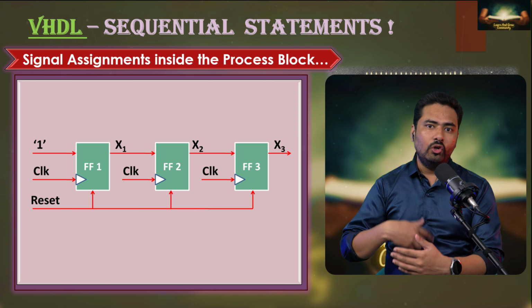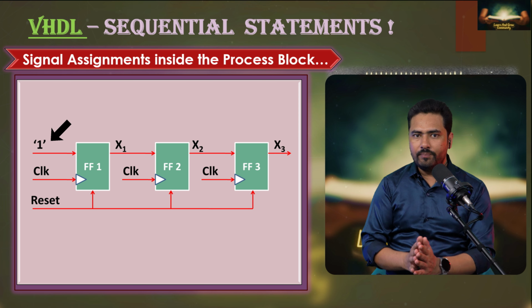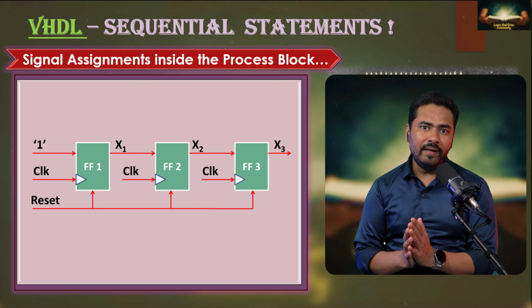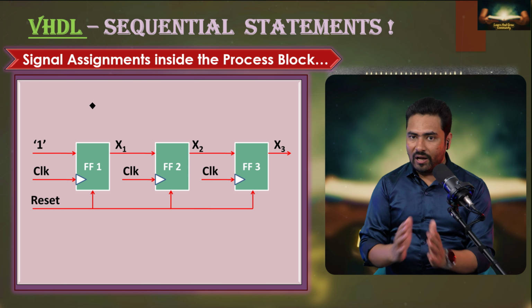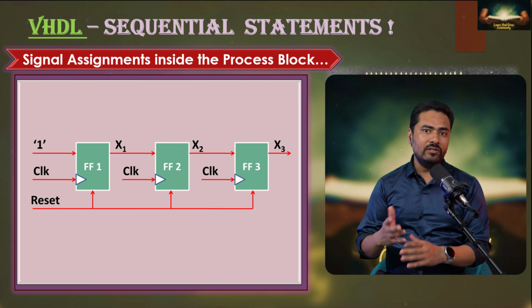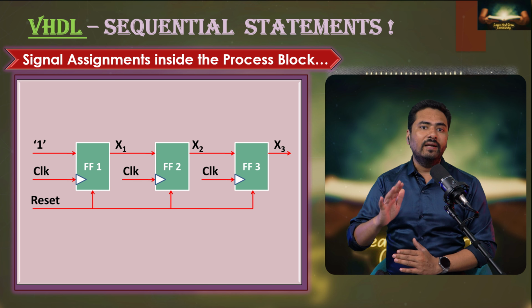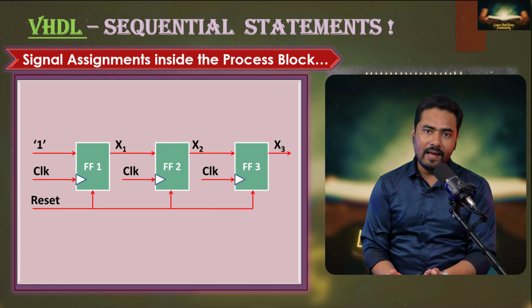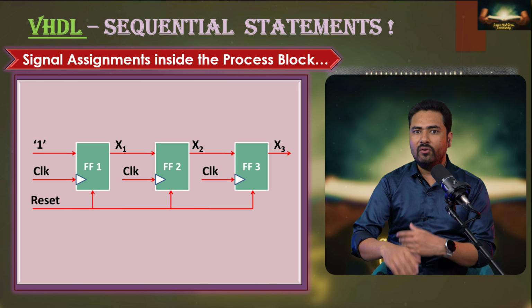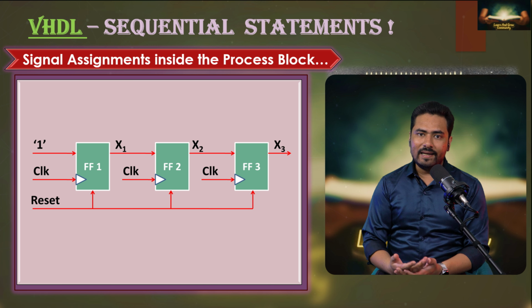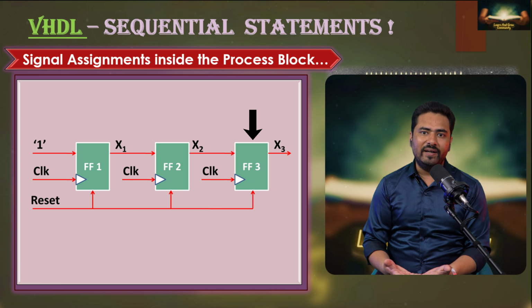In our code, we assign a logical one to the signal x1 at every rising edge of the clock signal. This is implemented by hardwiring the input of FF1 to the logical one. This way, on every rising edge of the clock, FF1 will get logical 1. Similarly, we assign the signal x1 to signal x2 at flip-flop FF2, and signal x2 to the signal x3 at flip-flop FF3.